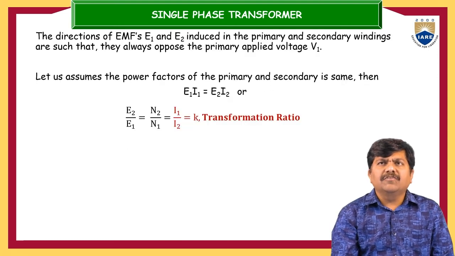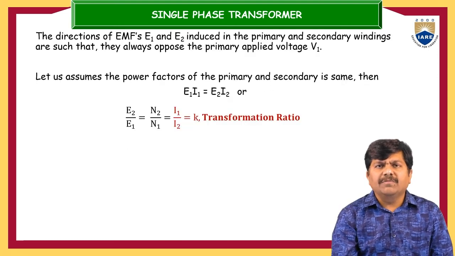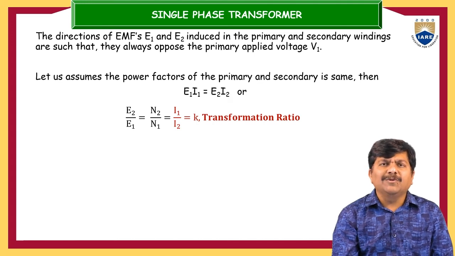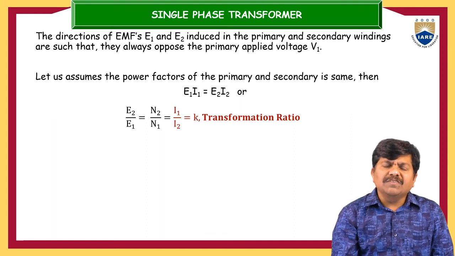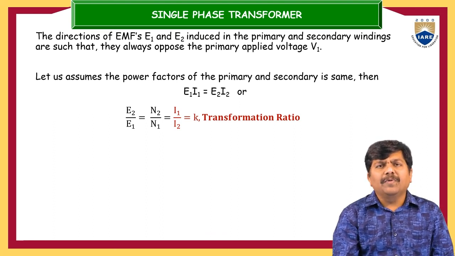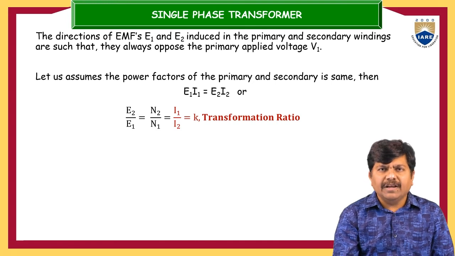The directions of induced EMF, as we have just discussed, are always such that E1 and E2 are opposite to the supply voltage as per Lenz's law. Suppose the power factors of the primary winding and the secondary winding are the same.